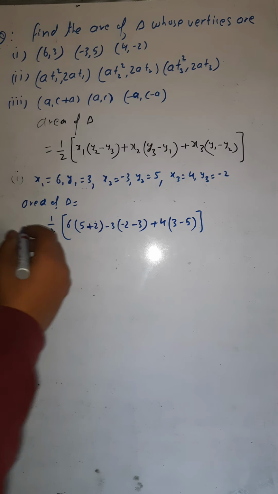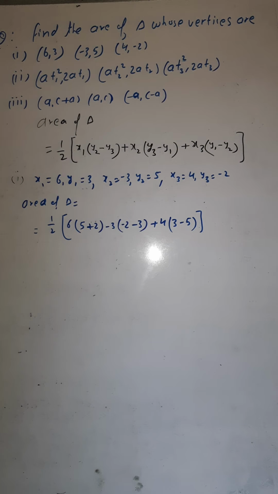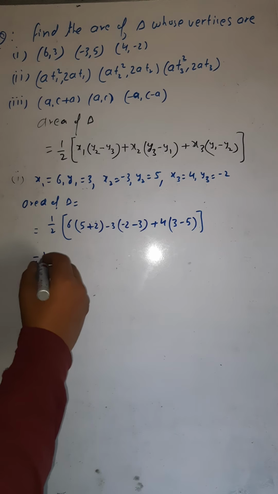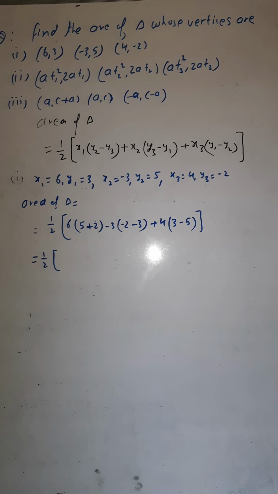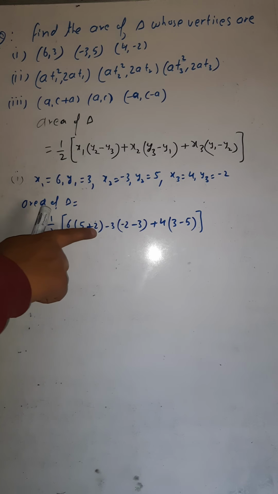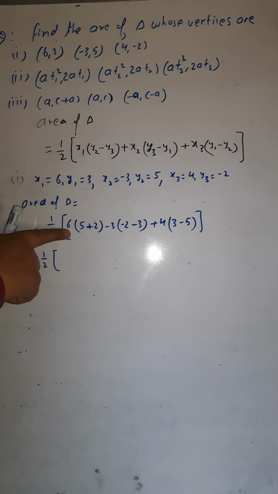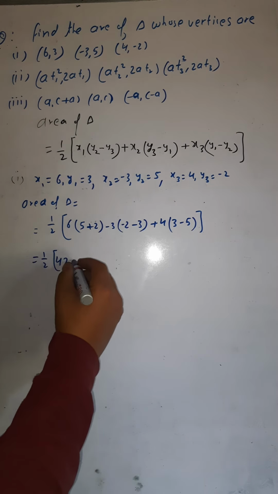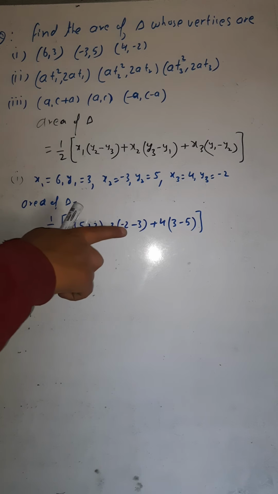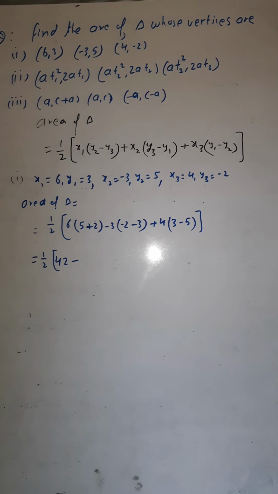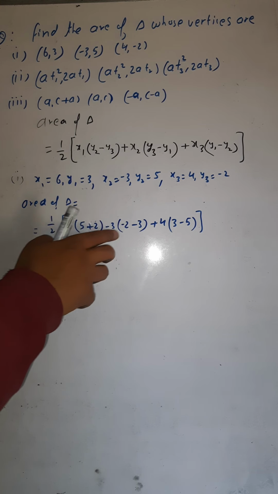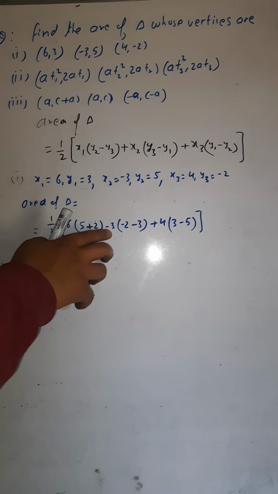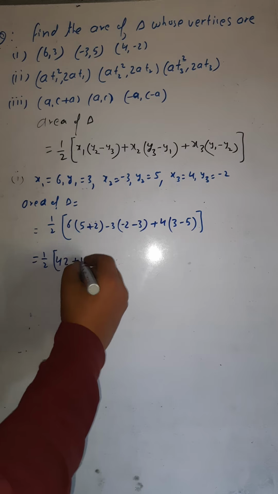Just solve this. So I can write here 1 by 2. 5 plus 2 would be 7, and this 7 would be multiplied into 6, so 7 sixes are 42. Then minus 2 minus 3 would be minus 5, and this minus 5 multiplied by minus 3 would be plus 15.